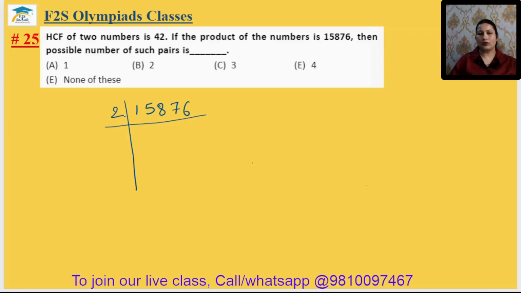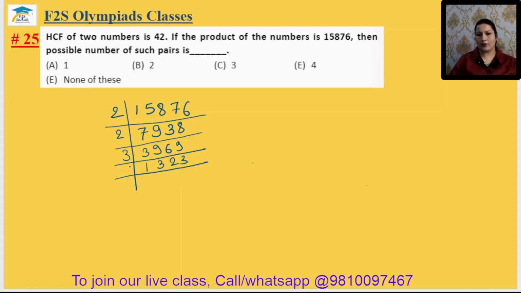15876 divided by 2. 2 sevens are, 2 nines are, 2 threes are, 2 eights are. Again 2 threes are, 9s are, 6s are, 9s are. Now 3 1s are, 3s are, 2s are, 3s are.